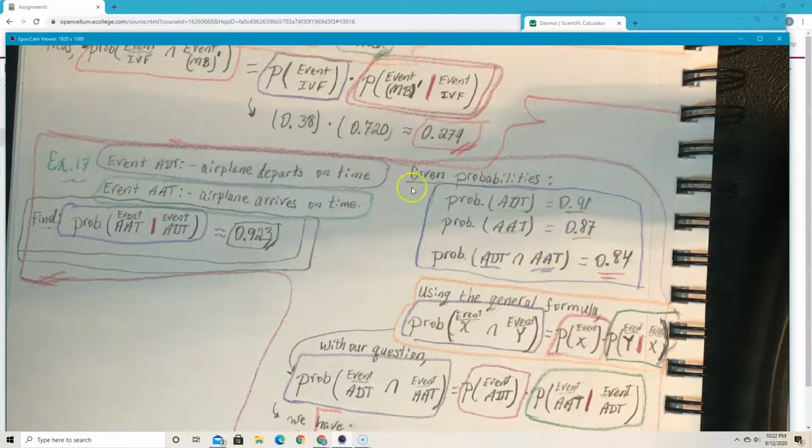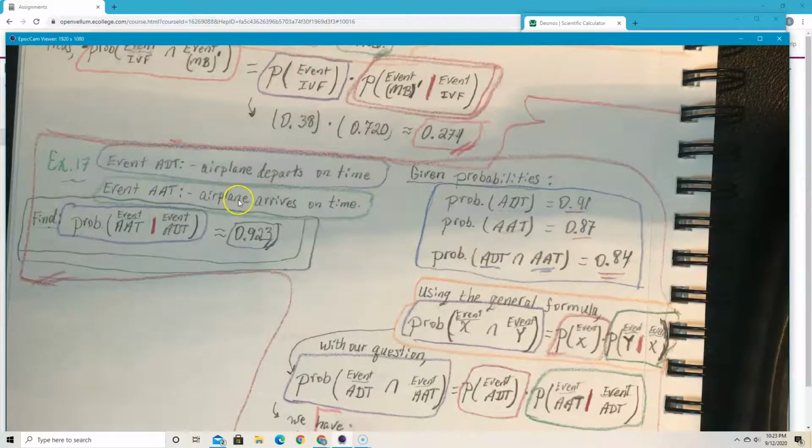They happen to give us this probability. Now, of course, these are probably made up, but who knows? The probability that a randomly selected airplane departs on time is equal to 0.91. A 91% chance, or 91% of the time they depart on time.